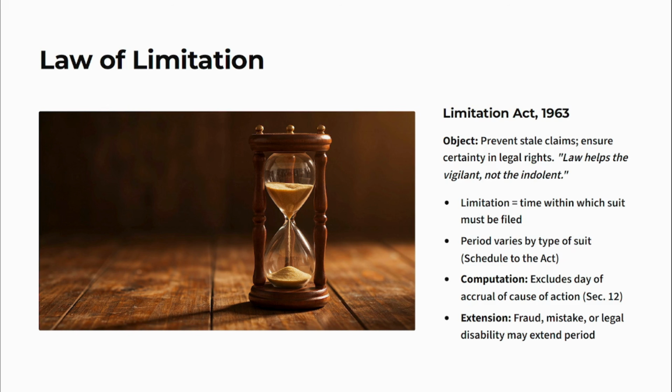Section 12 says that while counting the days, the day on which the problem first happened, the cause of action, is not counted. The time limit can be increased in special situations like fraud, mistake, or if the person is under some legal disability. We will explain in the next slide.